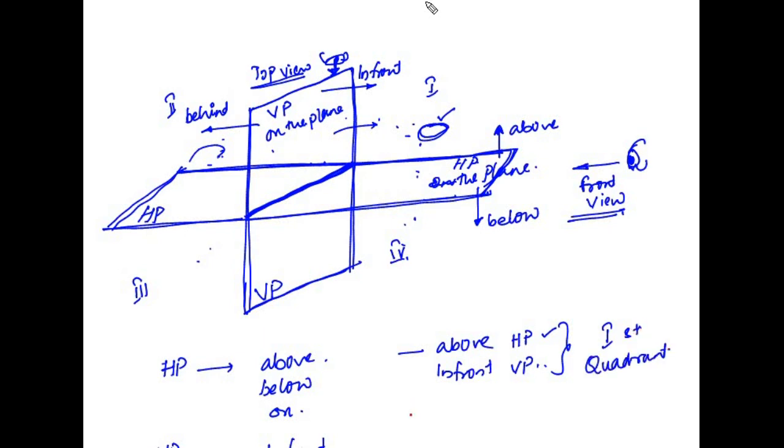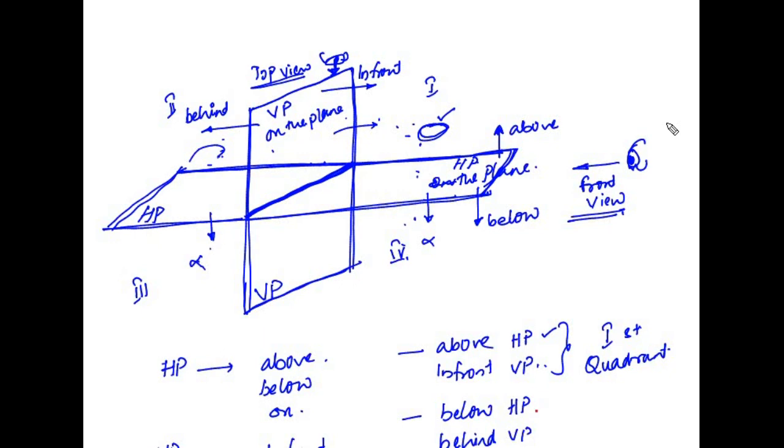Let us say I have another condition: below the horizontal plane and behind the vertical plane. So this whole area is below the horizontal plane, and the object can be here or here, in either way.